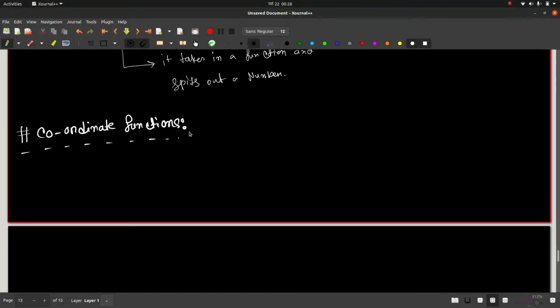So what do these coordinate functions do? Similar to other functions, we'll define coordinate functions as maps that take points on the manifold and spit out a real number. So we are going to start with the very familiar Cartesian coordinates. This will be the definition of Cartesian coordinates, and I'll just go with only 3 coordinates.